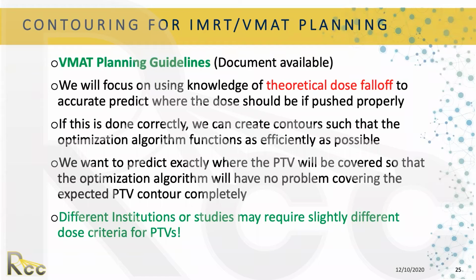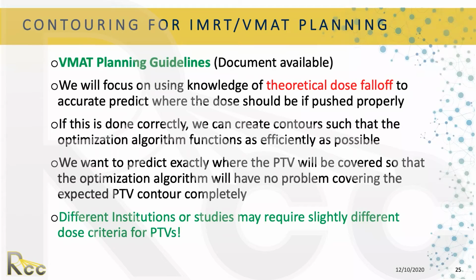But basically, we're going to be using the knowledge of theoretical dose fall-off to accurately predict where the dose should be if pushed properly. If this is done correctly, we can create contours such that the optimization algorithm functions as efficiently as possible.